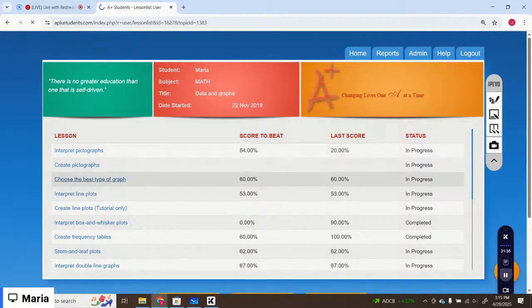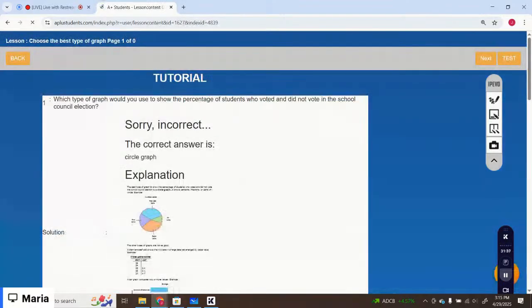Choose the best type of graph. Which type of graph would you use to show the percentage of students who voted and did not vote in the school council election?